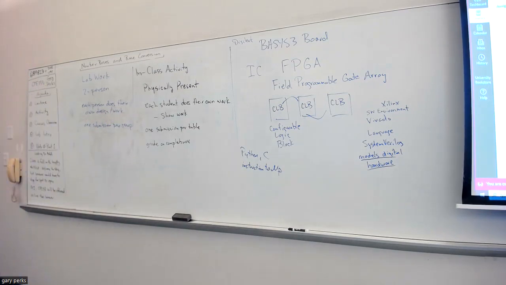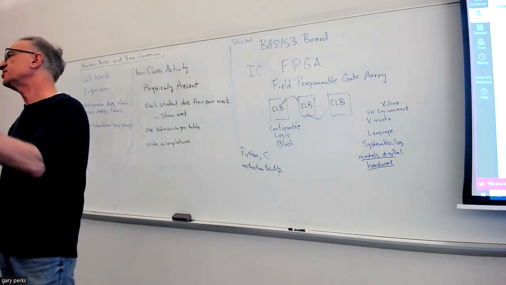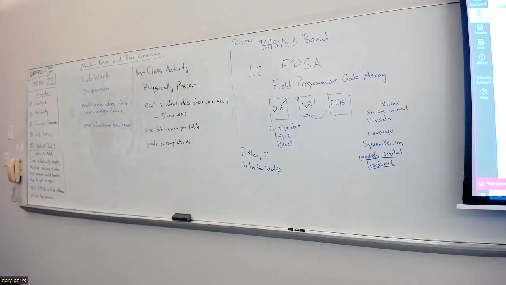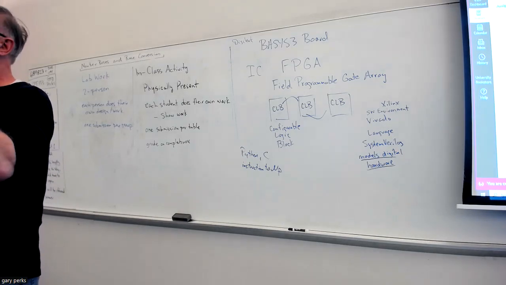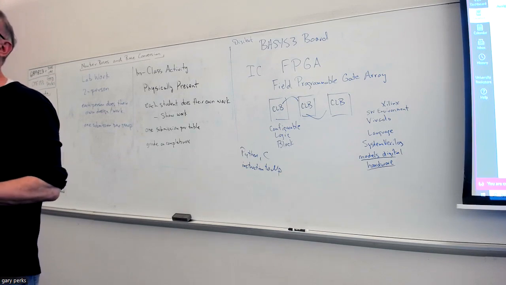Each person's gonna be doing their own thing on their own computer or one of our computers. And then the group determines what to turn in. Sometimes they look at each other's work and say, this one looks better, let's turn that one in. Or sometimes groups will just alternate every week. They'll say, this week I'll turn mine in, next week I'll turn yours in, and so on.